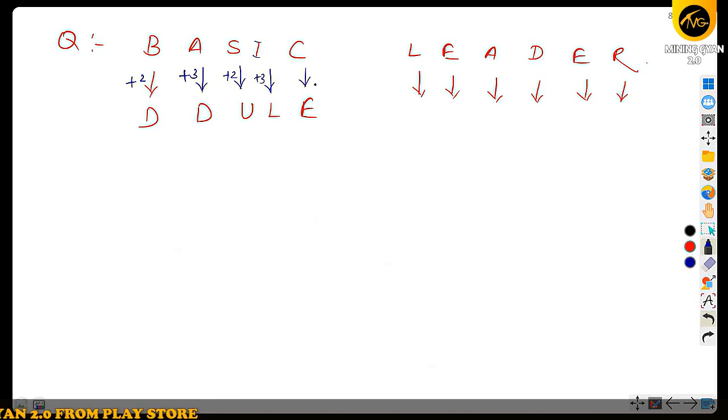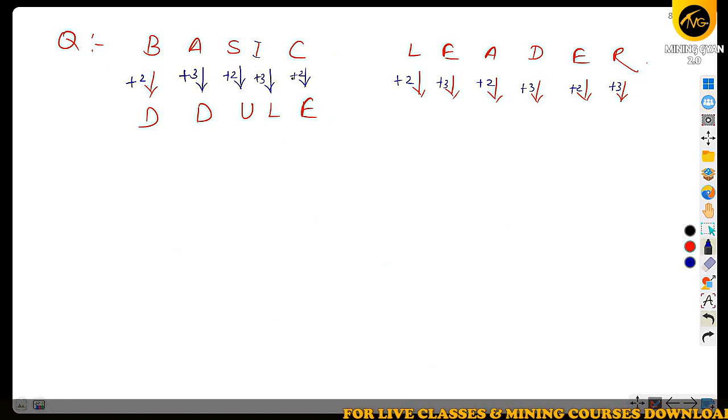Now C, D, E: just 2 is the gap between C and E. Similarly, we have to find out the gaps for the respective alphabets: plus 2, then plus 3, again plus 2, plus 3, plus 2, and plus 3. Is it clear? The gaps alternate: plus 2, plus 3, plus 2, plus 3, and so on. That's why you have to use plus 2, plus 3, plus 2, plus 3, and so on.